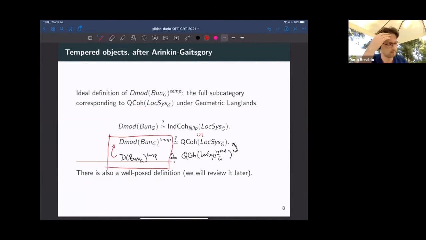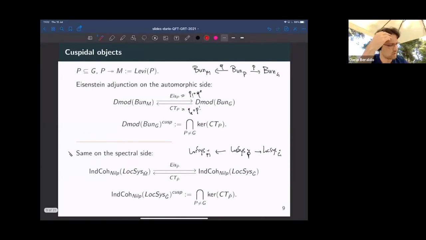Okay. Could you just repeat the definition of the cuspidal D-modules? Yes. So for any parabolic, you have this adjunction, and you require that the constant terms are killed. So if you go back to Ramanujan's original conjecture, this delta was cuspidal, meaning literally the constant term of the Taylor series was zero.